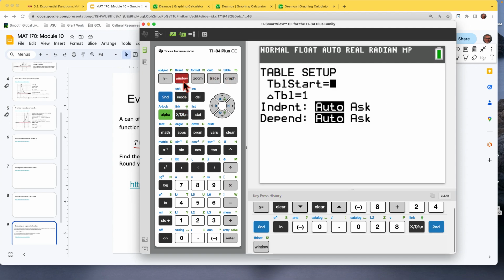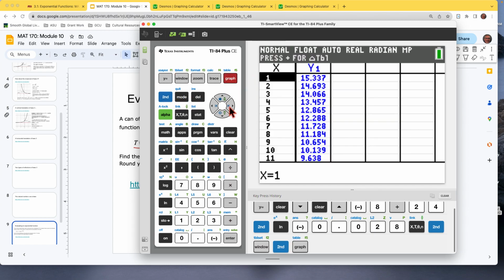I'll go to table set. You should have your table changing by 1, on auto, and then when we go to the table, here's all the x values and the y values they produce.